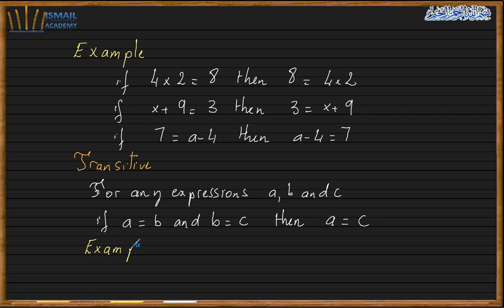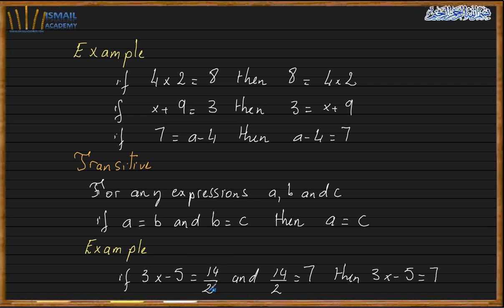Example: if 3x minus 5 equals 14 over 2, and 14 over 2 equals 7, then 3x minus 5 is equal to 7. And this is where most students don't use it. They have a fraction that can be simplified, but they don't simplify it and they keep it as a fraction until they get a solution with the fraction.